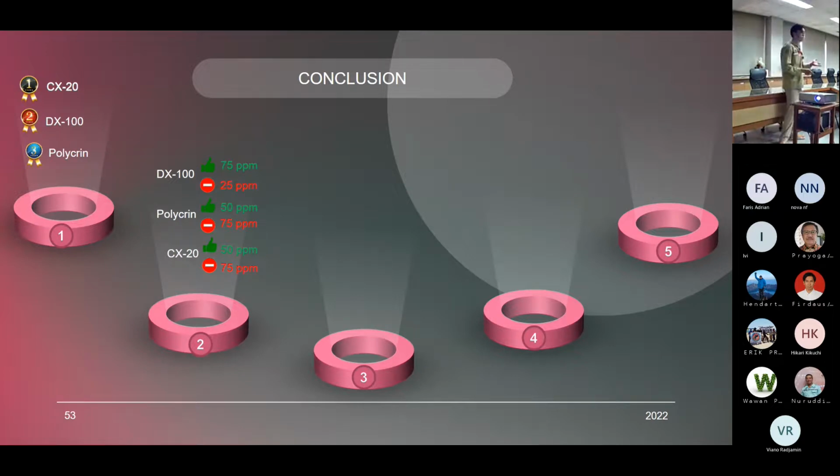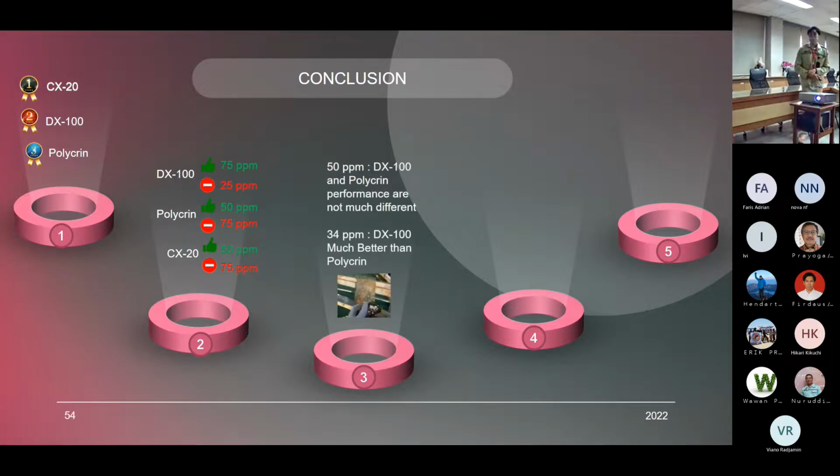As for polyclean and CX20, they have an optimum dose at 50 ppm and a low performance at 75 ppm. Third point, there isn't much difference between DX100 and polyclean at 50 ppm of dosing. As for 34 ppm, DX100 is definitely much better than polyclean, as we saw before in the visual coupon. Coming to the fourth point, a lower dosing of CX20 results in a better outcome than polyclean and DX100 with a higher dose.